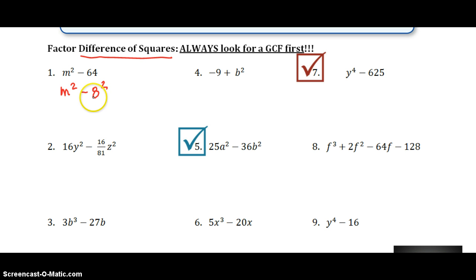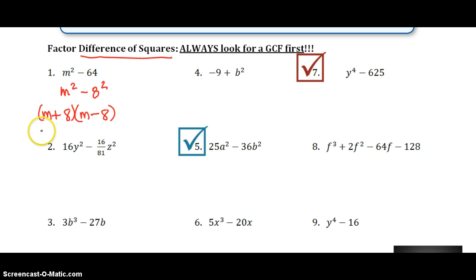So to factor a difference of squares, we're still going to have two sets of parentheses just like we're used to. I'm hoping by now you can guess that they're going to have opposite signs because when we did the FOIL method, the middle term with the m's canceled out. So this is going to be m times m gives me m squared, and then 8, the square root of 64, times 8 gives me 64.